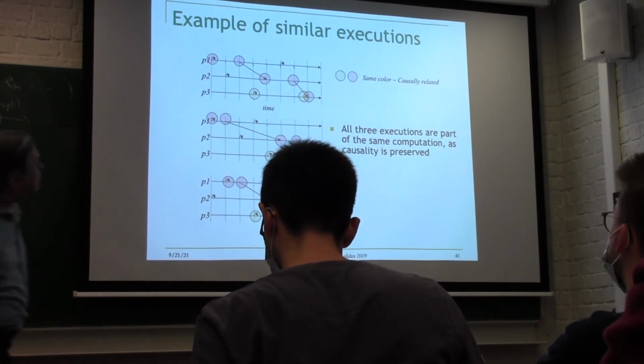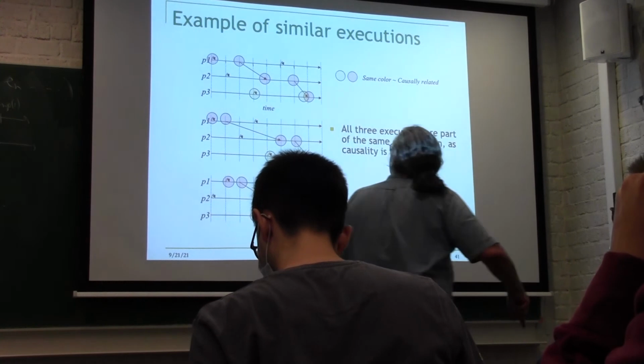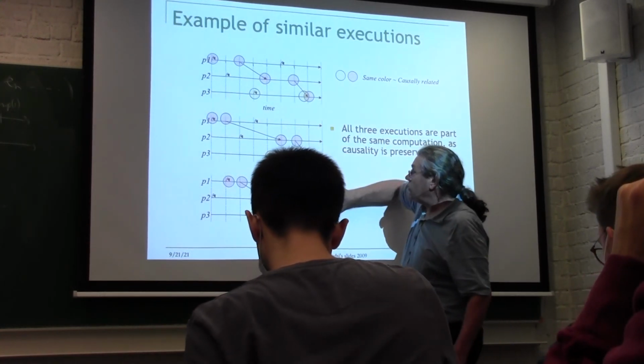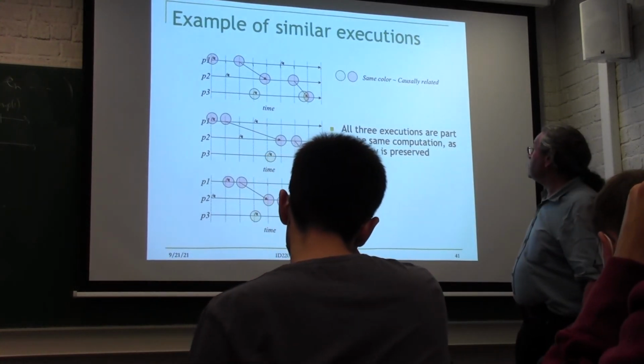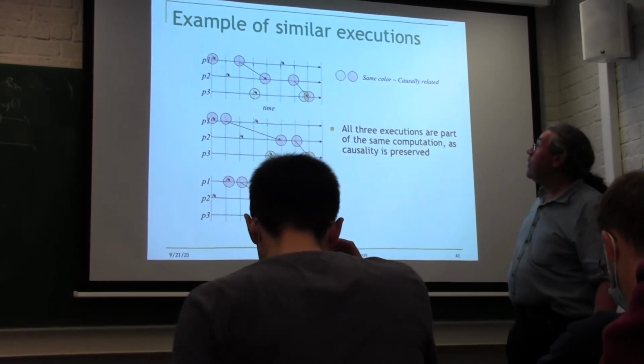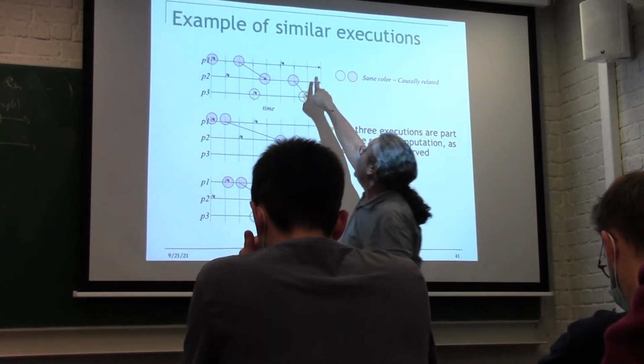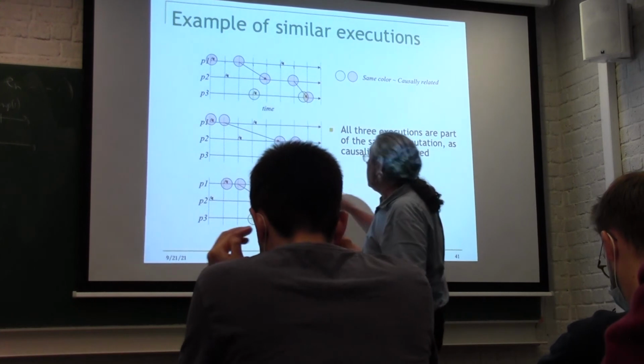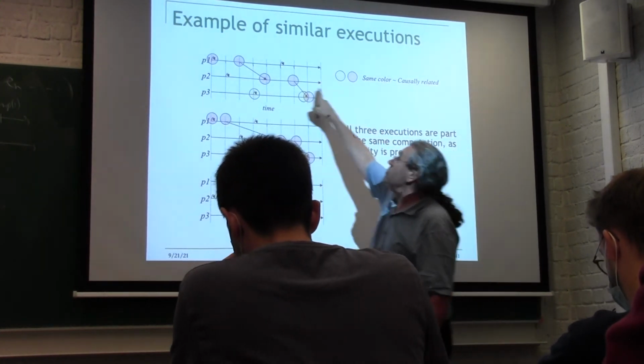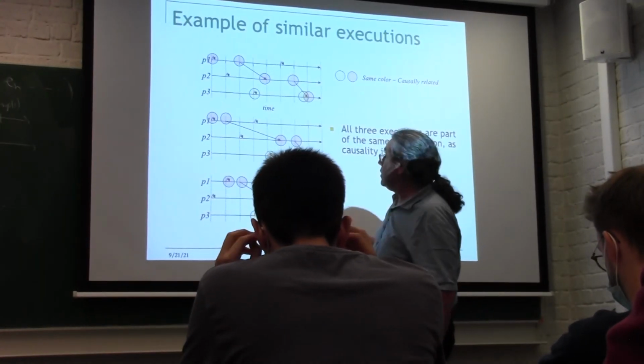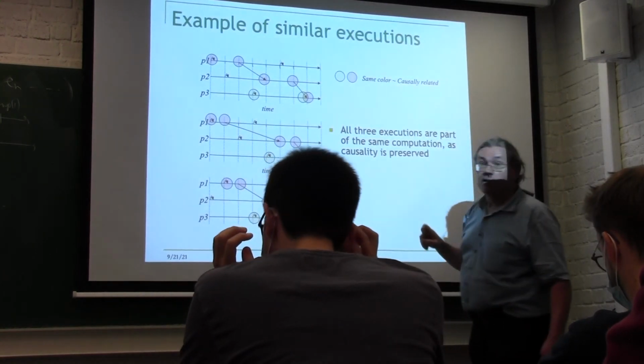Here we have 3 executions. These 3 executions are similar. That means if you look at P1, then it looks the same on all 3. If you look at P2, it looks the same on all 3. And if you look at P3, it looks the same also.